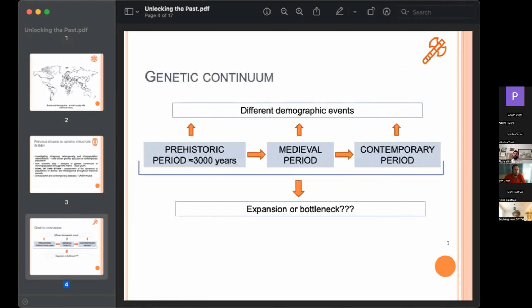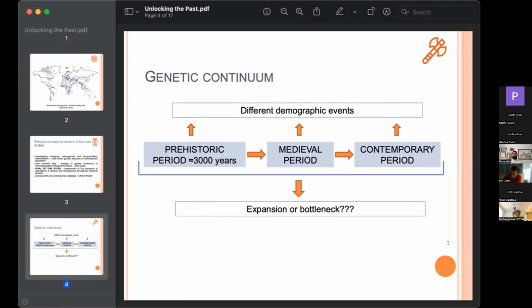On this slide, you can see the main idea of our project, where we assess the genetic continuum of populations through the prehistoric period, then medieval, and finally the contemporary period. Of course, taking into account different demographic events that occurred during this time. Assessing this genetic continuity is a very interesting journey.